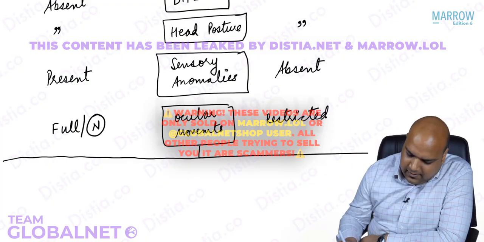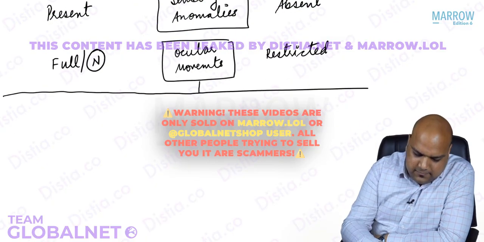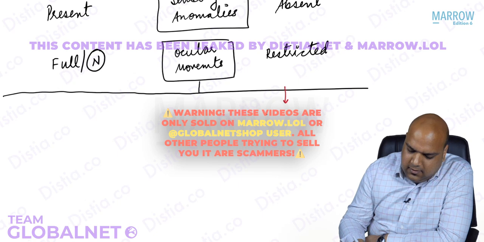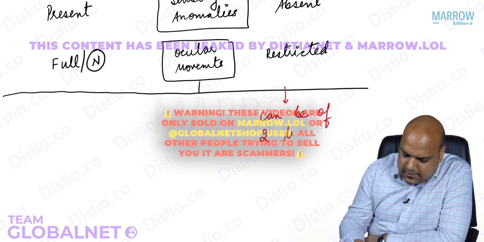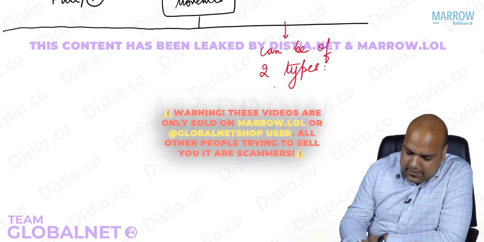Okay. Now, incomitant squint can be of two types.